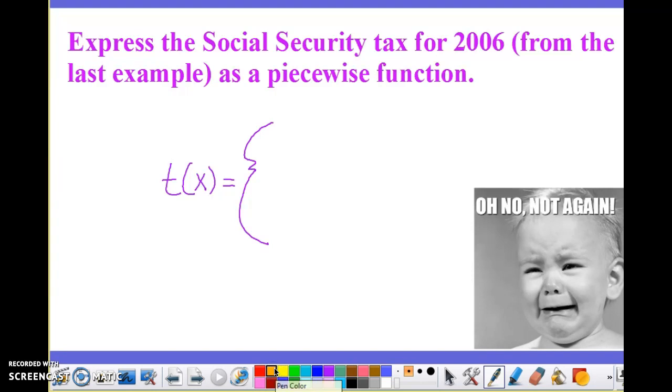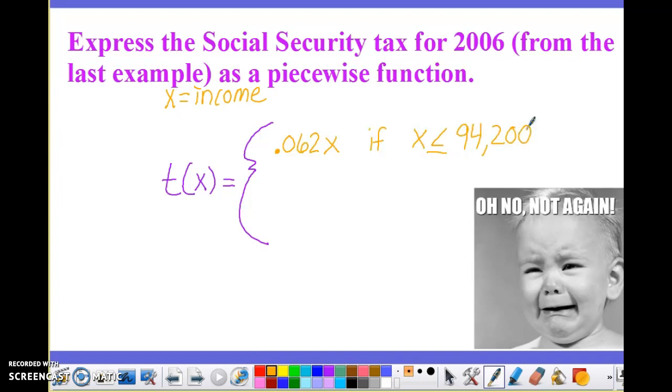My first part is going to be 0.062 times X, where X is going to be our income. You pay 6.2% of X if my income is less than or equal to $94,200.